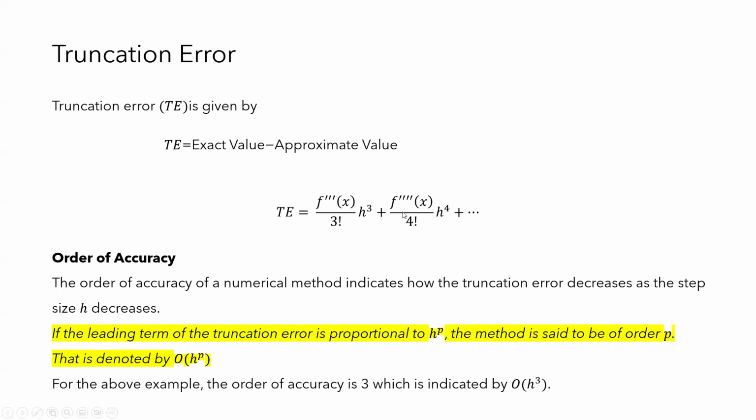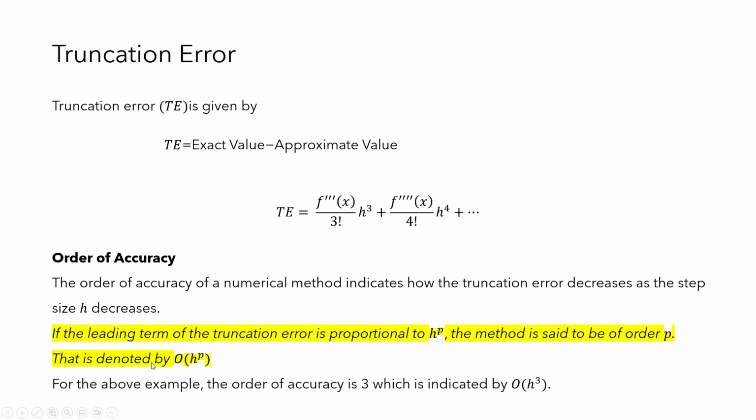So the order of accuracy of a numerical method indicates how the truncation error decreases as the step size h decreases. If the leading term of the truncation error is proportional to h to the power p, the method is said to be of order p. That is denoted by O of h to the power p. So in this example, you can see the leading term is h to the power 3, because the higher order terms are negligible.